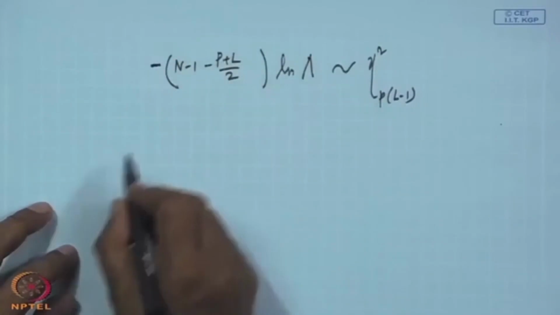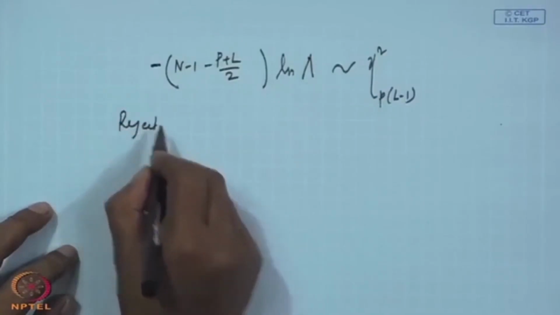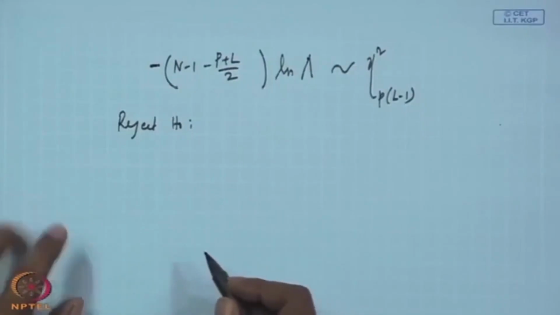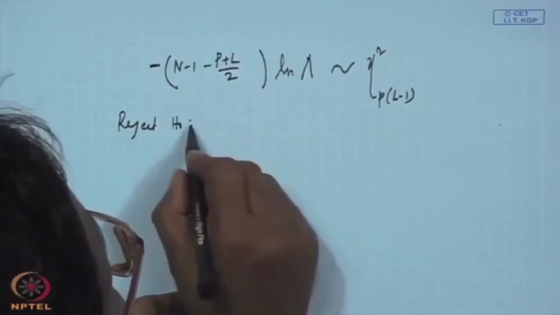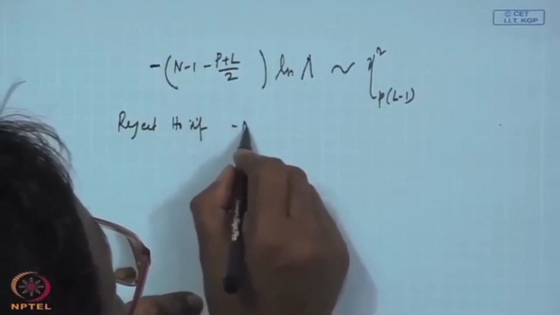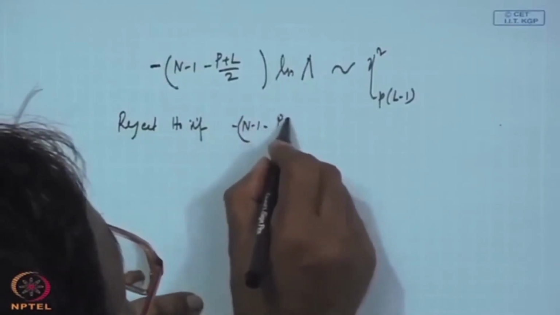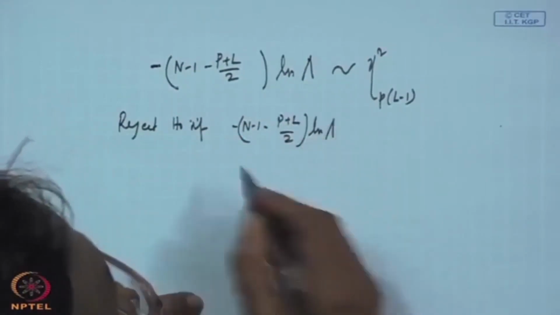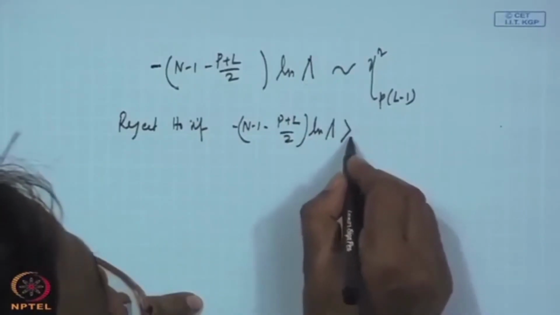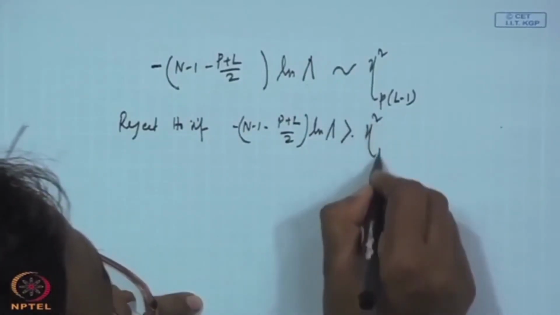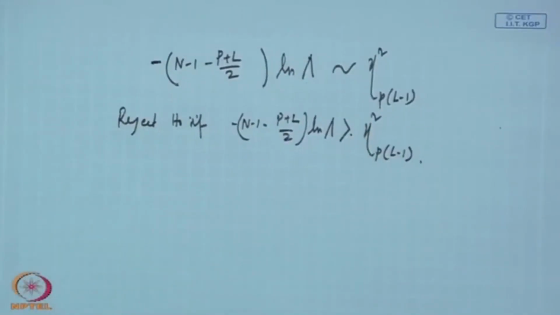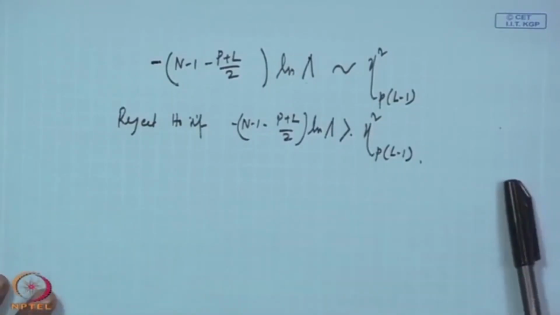Our decision is to reject H0, that means no difference among the population mean vectors, if minus (n minus 1 minus (p plus L) by 2) log lambda is greater than chi-square p(L minus 1). You will reject the null hypothesis under this condition.